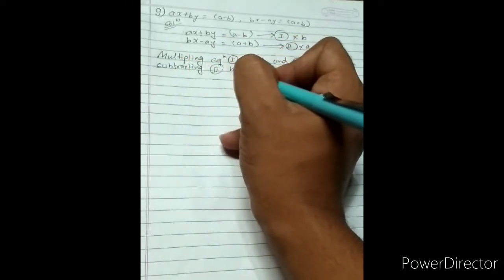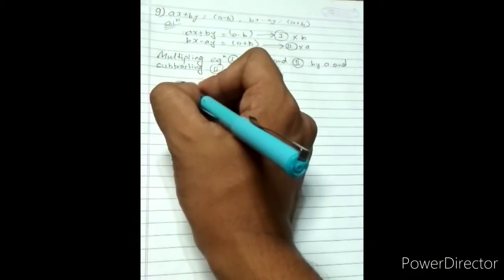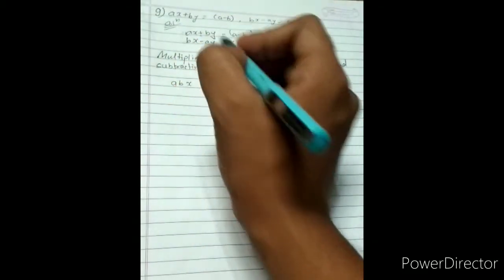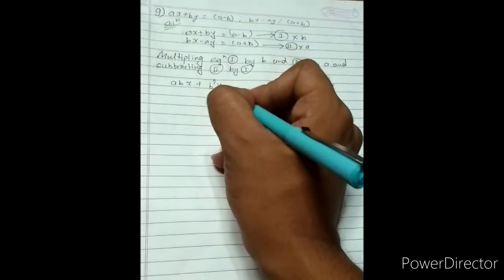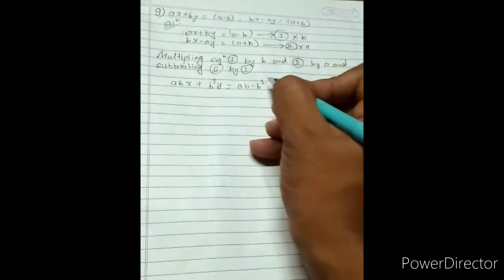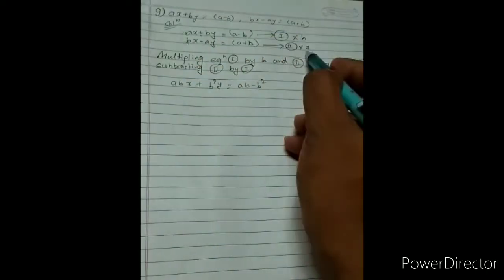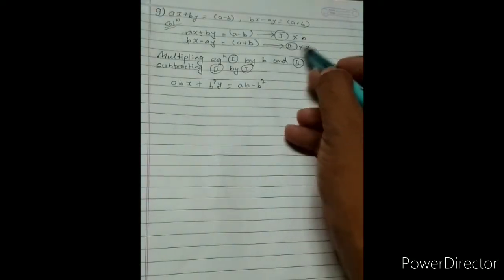So let's multiply a into b, abx plus b into b, we have to multiply all, b square y. Now a into b, ab minus b square. Similarly, now we have to multiply equation 2 by a.